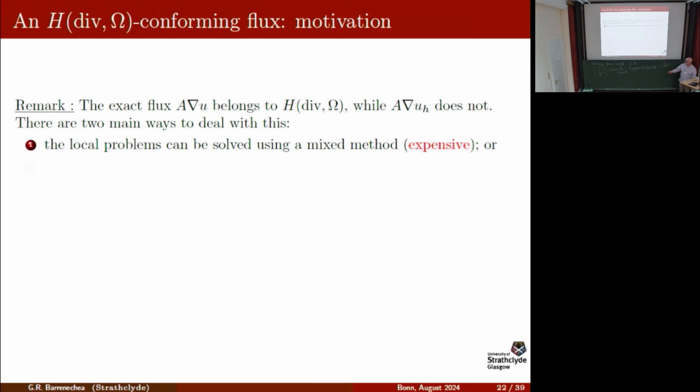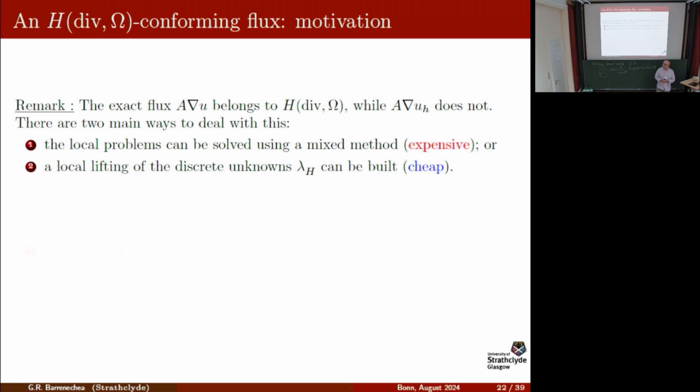We either take that local problem and solve a mixed local problem, which, don't get me wrong, I love mixed methods as much as the next person, but it's expensive. We make the second level solving more expensive. Or we just lift the Lagrange multipliers in a cheap and local way, very much in the a posteriori fashion.